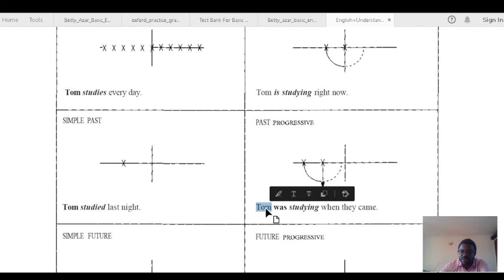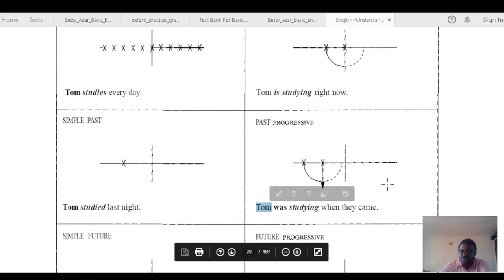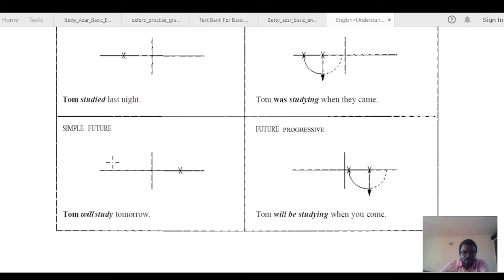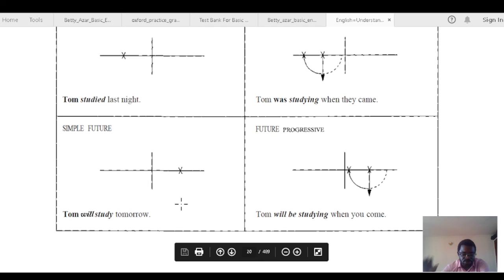For example, they were studying, or we were studying when they came. Then we have the simple future. Tom will study tomorrow, to tell you something that is going to happen in the near future. You don't have future progressive yet. Future plus what? Progressive means ing.